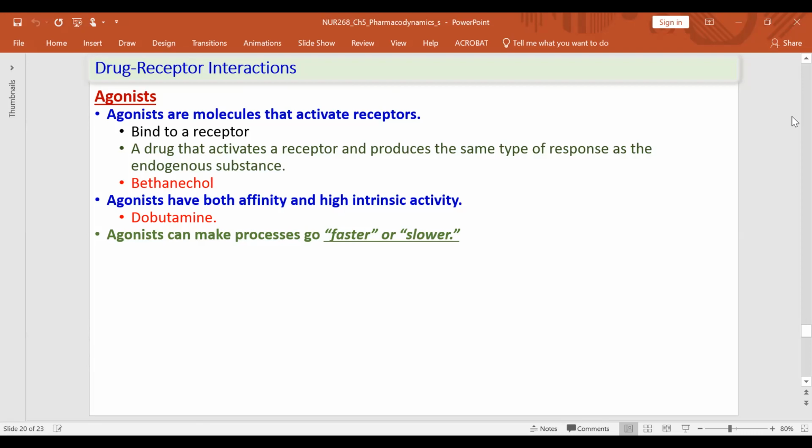And sometimes it will produce a greater or heightened maximal response. For example, ethanol binds to the acetylcholine receptor in the autonomic nervous system, and it will produce the same actions as acetylcholine.